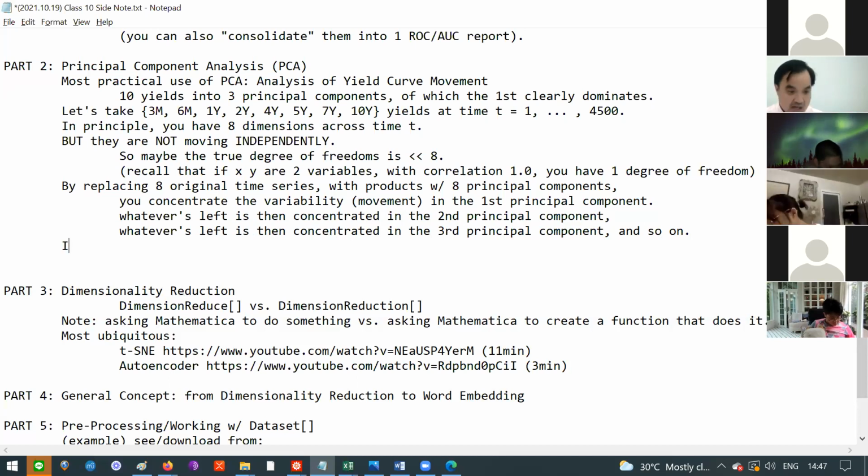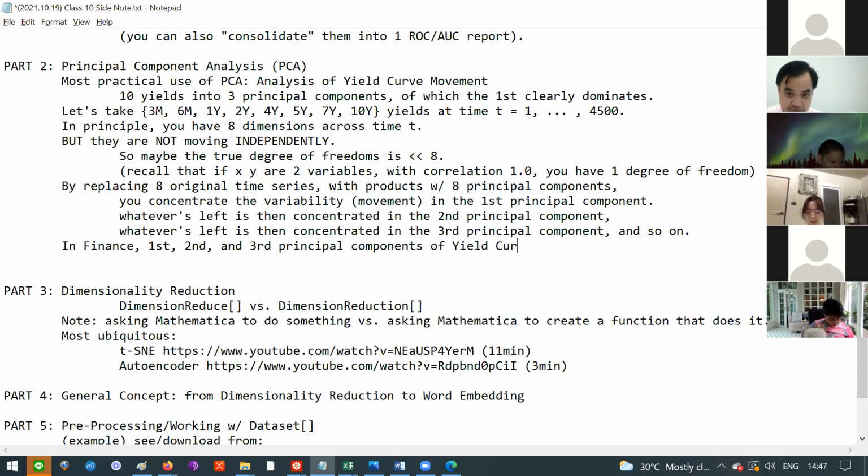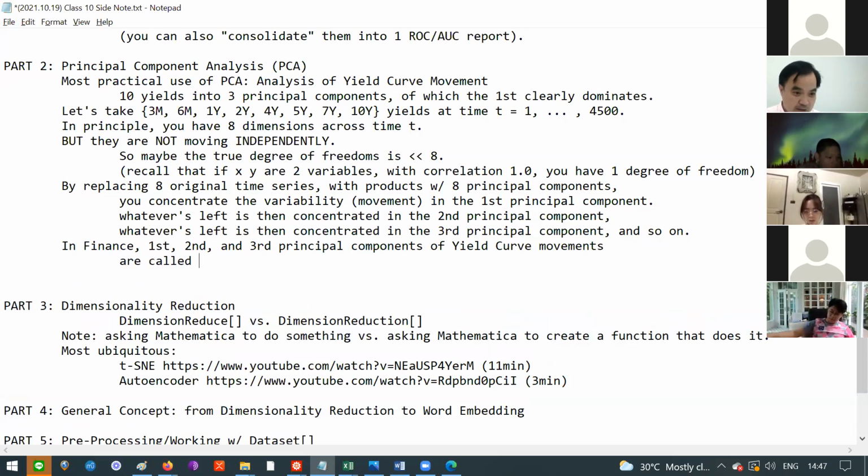Okay, in finance, the first, second, and third principal components of the yield curve are level, slope, and curvature. Okay.